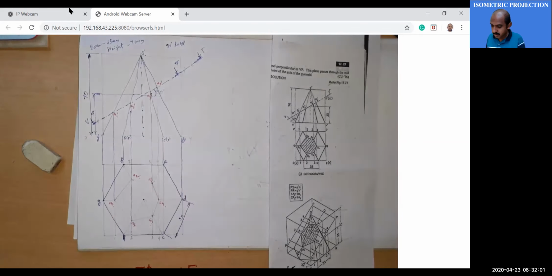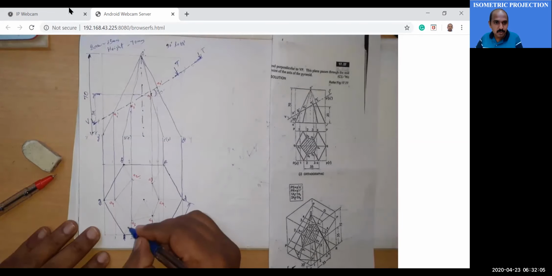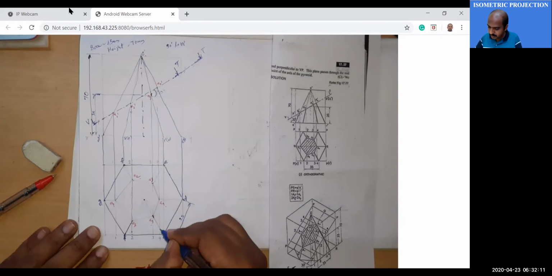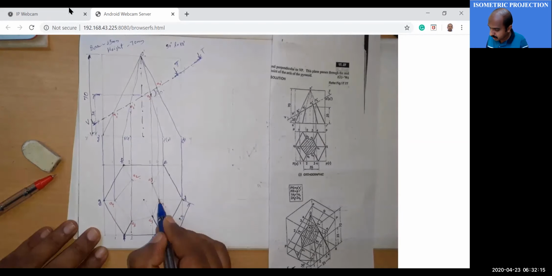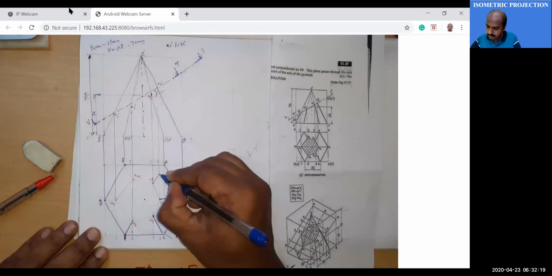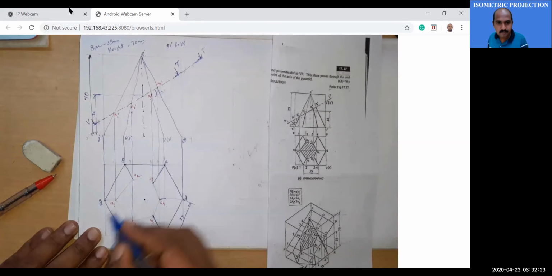Same naming. Now we can connect B to A2, C to A3, D to A4, A3 to E, A2 to F, A1 to G.